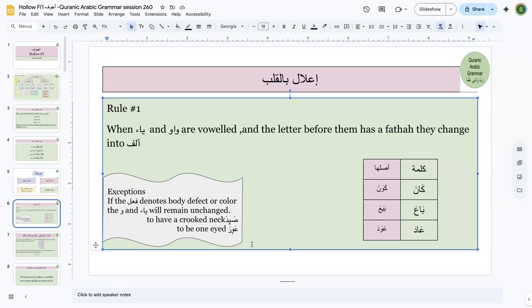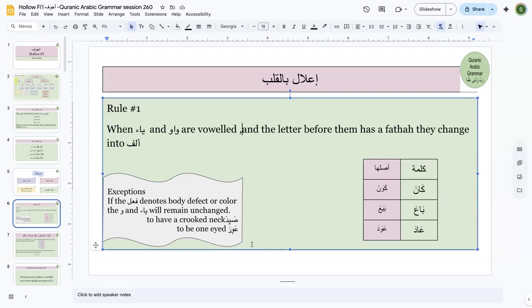So here, what do you see? Ya and waw are preceded by a fatha on the letter before. Are you noticing any qalb? Do you see any change? There is no change. So this is an exception to the rule. Will you all remember this? Anywhere in your ajwaf, if your waw and ya are preceded by a fatha, they are going to change into alif in your past tense.